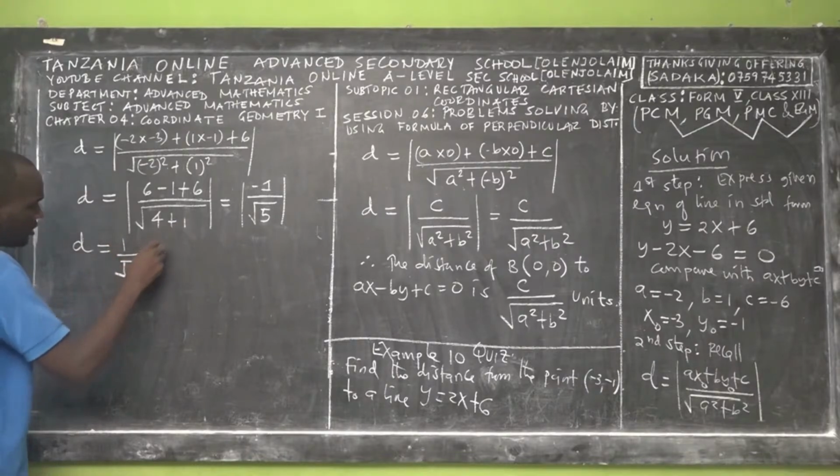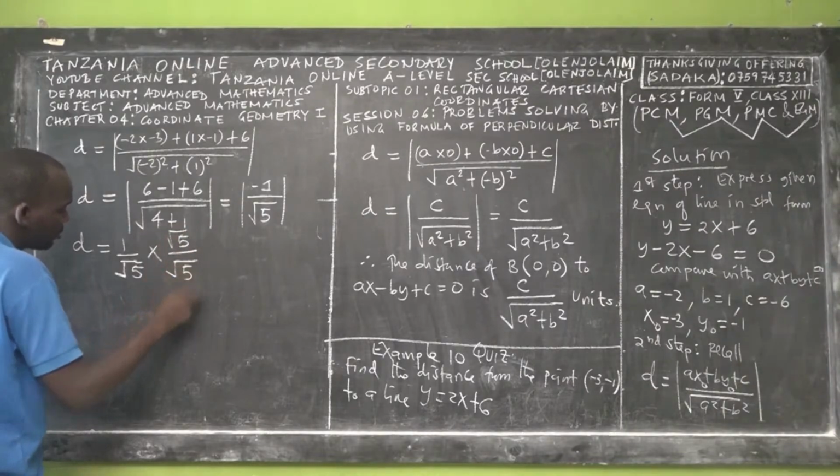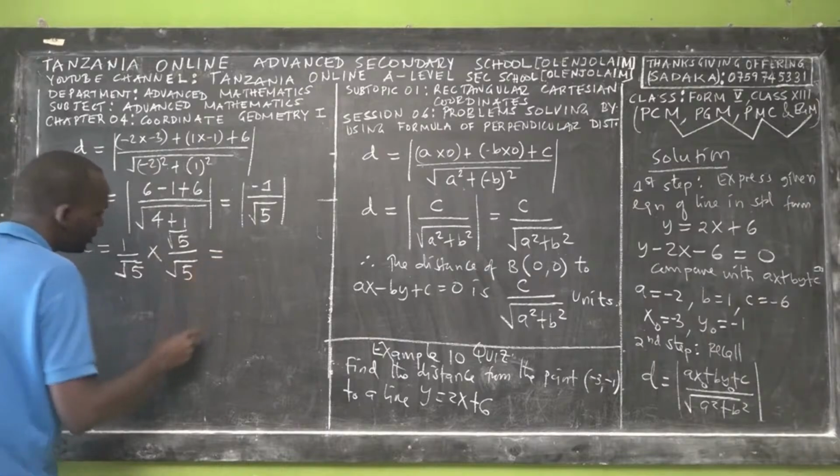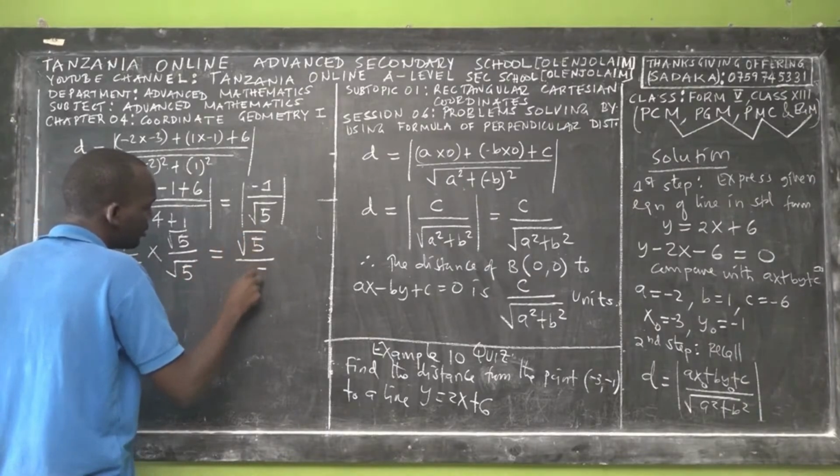So you can rationalize the denominator. Multiply by square root of 5 over square root of 5. So this is equal to the square root of 5 over 5.